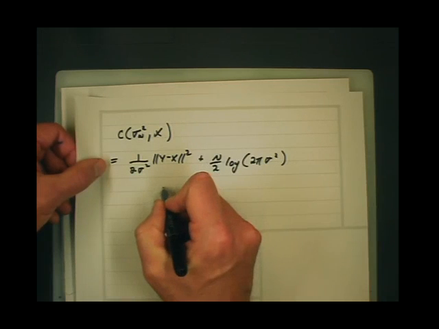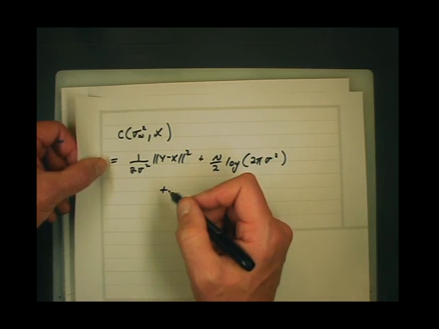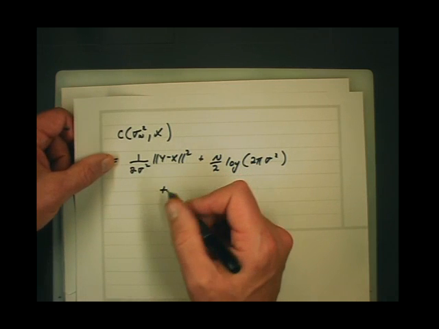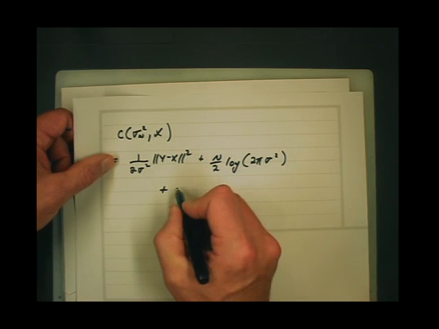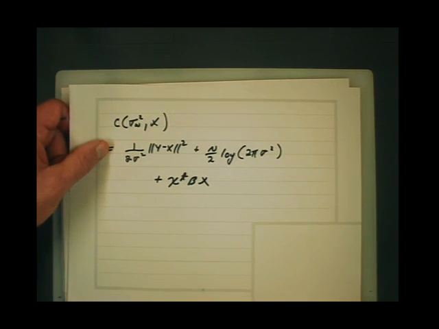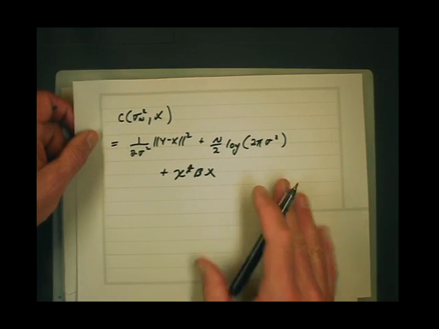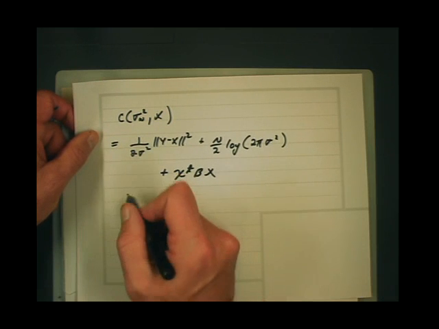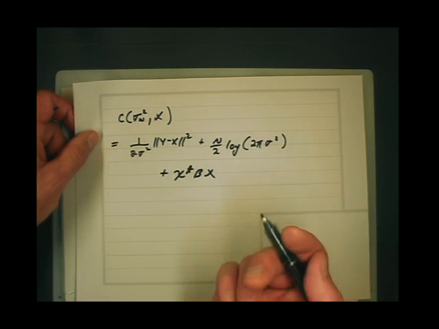Yes, thank you. So now I can take this over here, and then this is plus x transpose Dx, right? Now I can do alternating minimization.